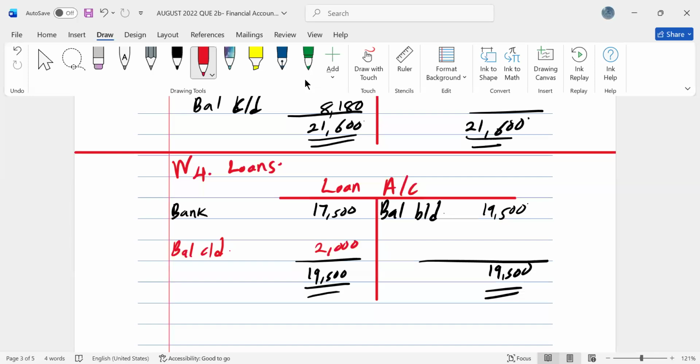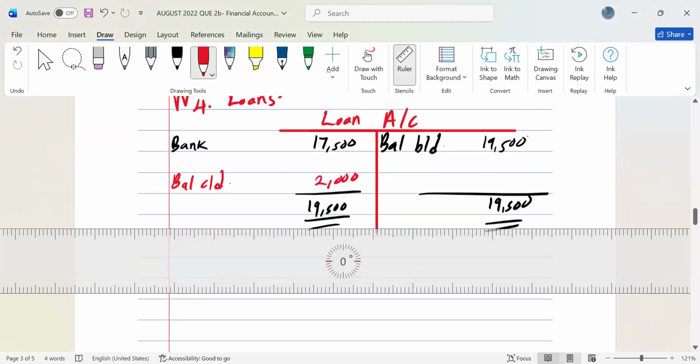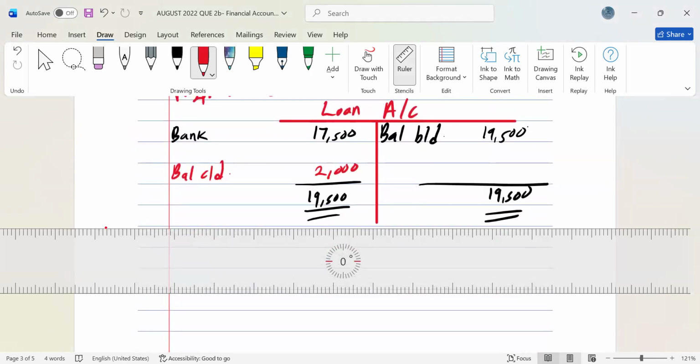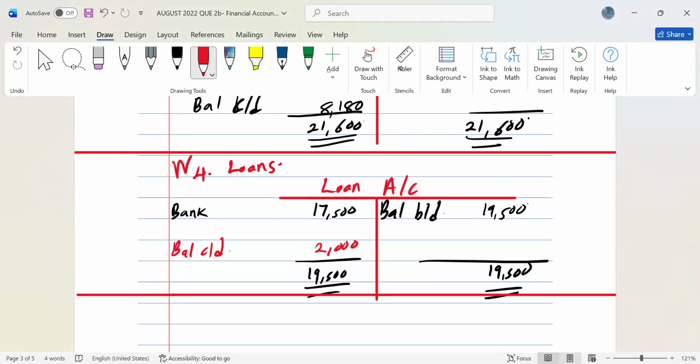Okay, so now the next item, I want us to do workings for another item. So we go to working number 5.